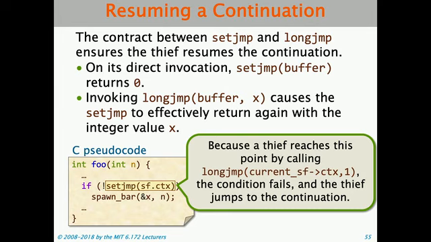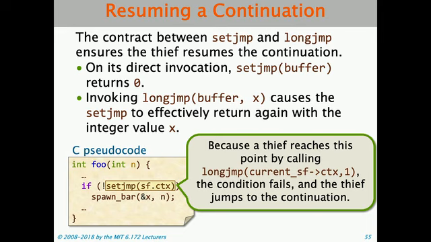What ends up happening is that the long jump effectively returns from the set jump a second time. This is the weird protocol between set jump and long jump. Set jump, you pass it a buffer, it saves some register state, and then it returns immediately. On its direct invocation, that set jump call returns the value 0, as we mentioned before.